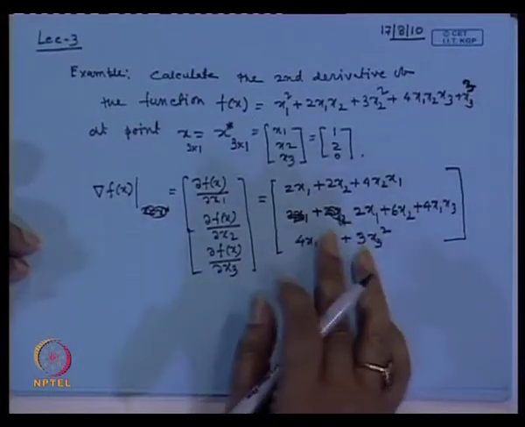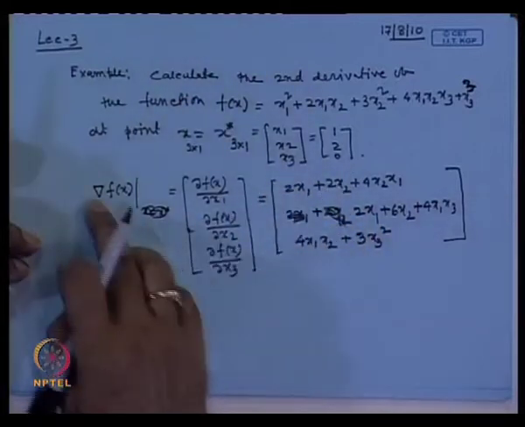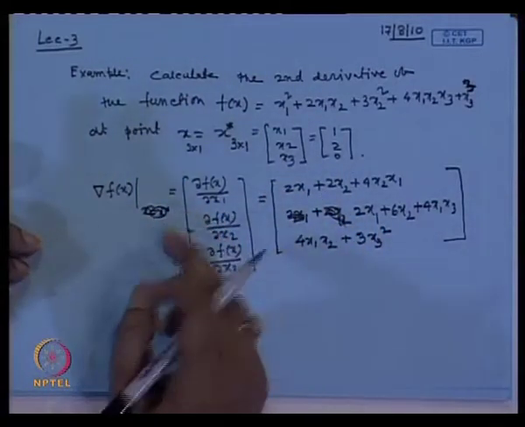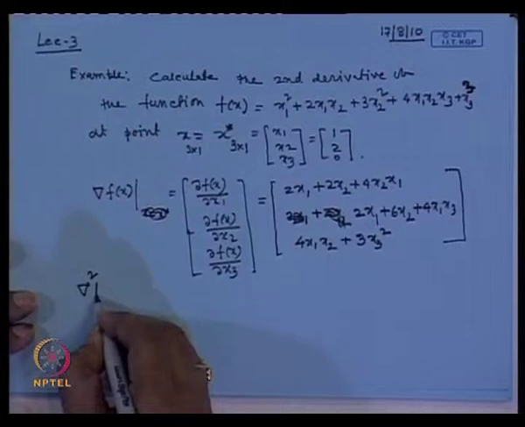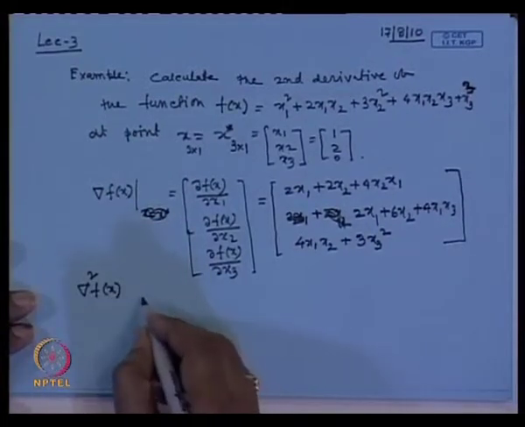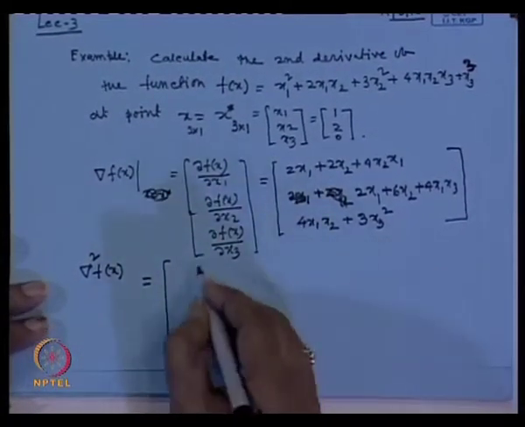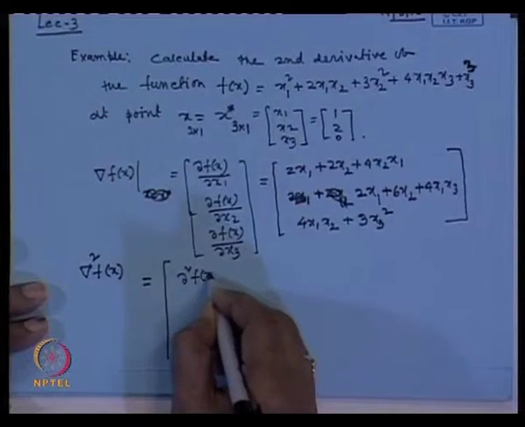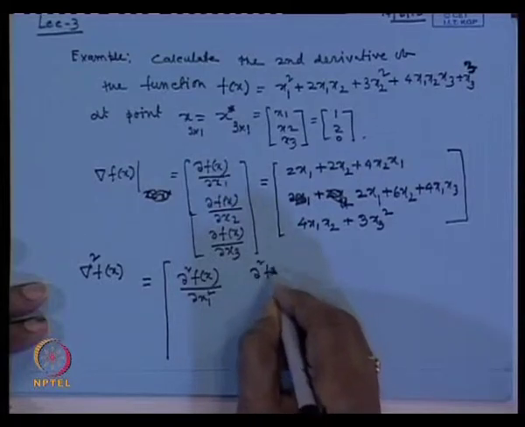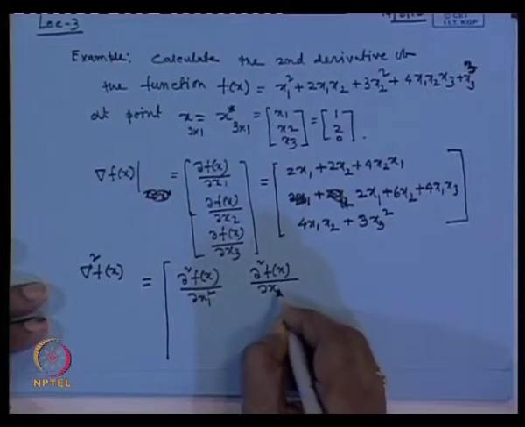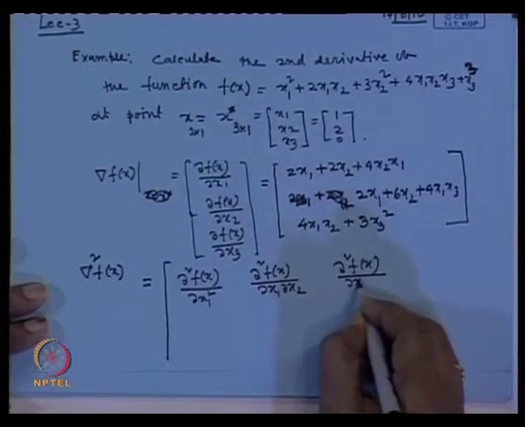This function, you have to once again differentiate with respect to x. That means the gradient vector, once again we differentiate with respect to x. If you differentiate this with respect to x, that is denoted by this symbol. So, this one we have seen it is like this way: del square f of x del x 1 square, del square f of x del x 1 del x 2 and del square f of x del x 1 del x 3.